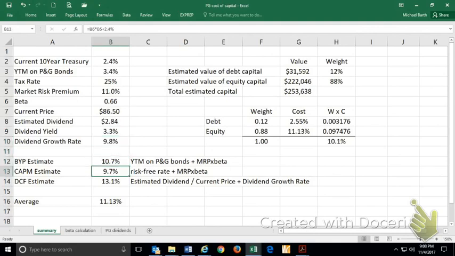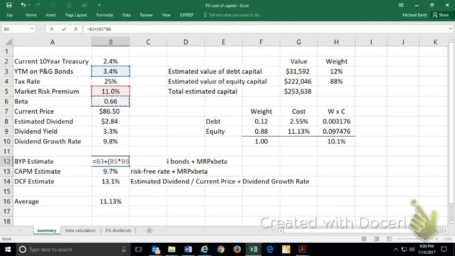So I got three different estimates of the cost of equity capital. The bond yield plus a risk premium method: you take their 3.4%, that's the yield on their bonds, and then add to that, how I do it, market risk premium times beta.